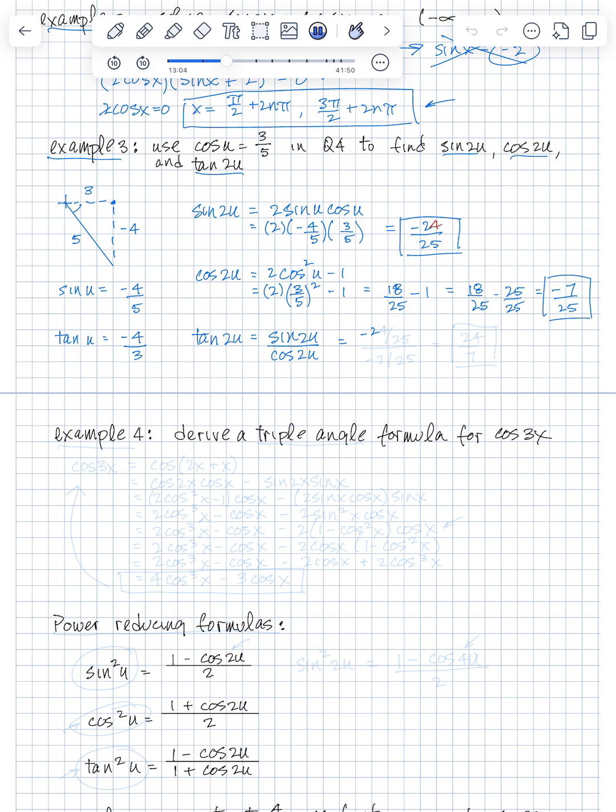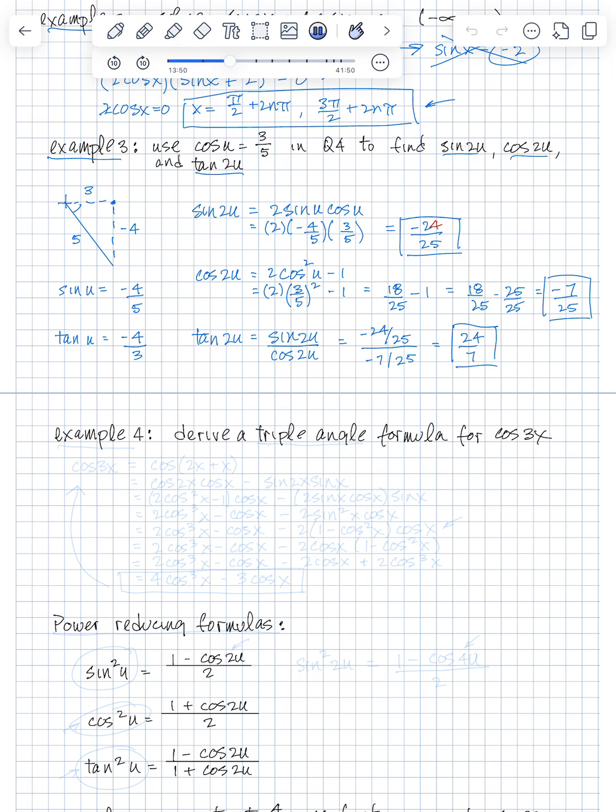So this is minus 24 over 25. And so now we're back to solving the problem. Tangent of 2u is a negative 24 over 25 divided by the cosine of 2u, which is a negative 7 over 25. So this is negative 24 over negative 7, or 24 sevenths. And that's the tangent of 2u.